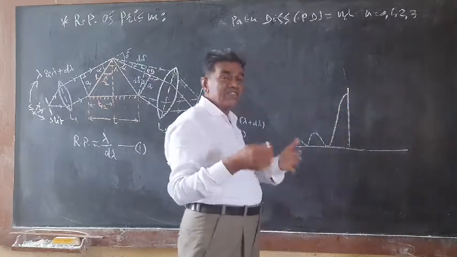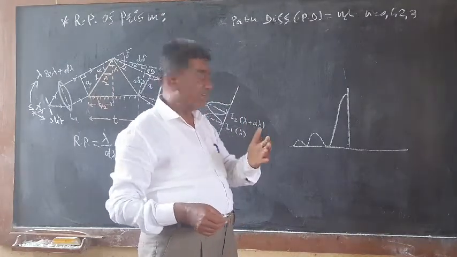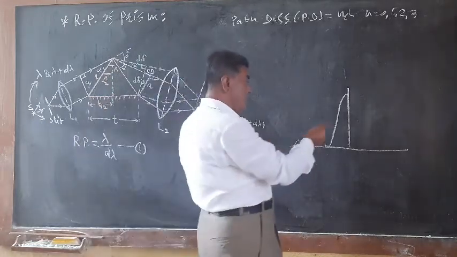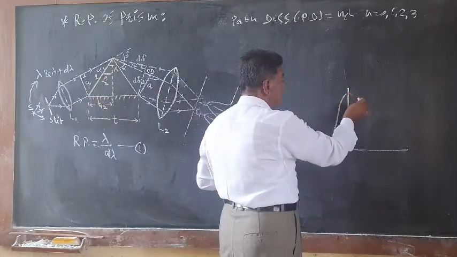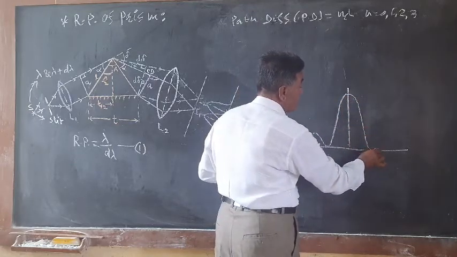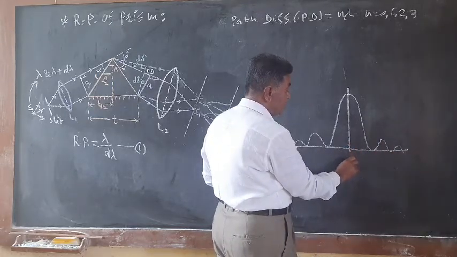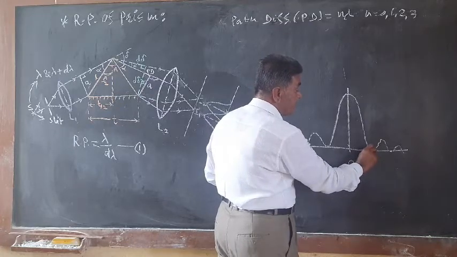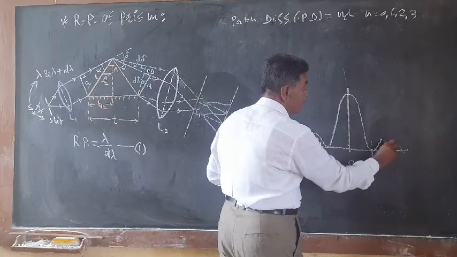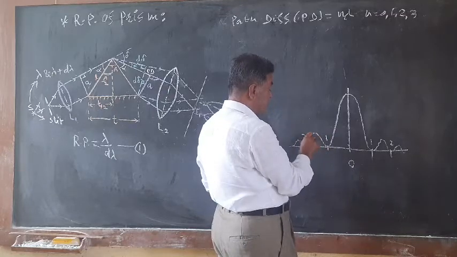So in the single slit experiment, the diffraction pattern of a single slit, that is I1 or I2, these are the images of this slit, consist of the principal maximum followed by secondary maxima and minima like this. Here n is equal to 0, and this is the first secondary minimum, this is the second secondary minimum, and so on. In this one also, this is the first secondary minimum, this is the second secondary minimum, and so on.